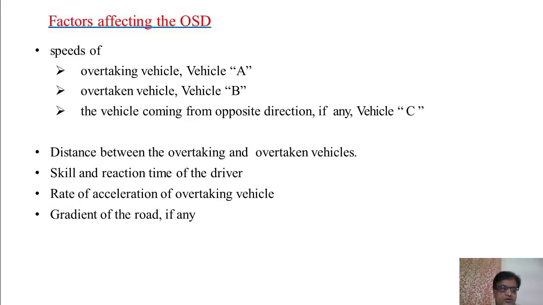What are all the factors which affect the overtaking sight distance? Speed of the overtaking vehicle, vehicle A, usually the fast moving vehicle.